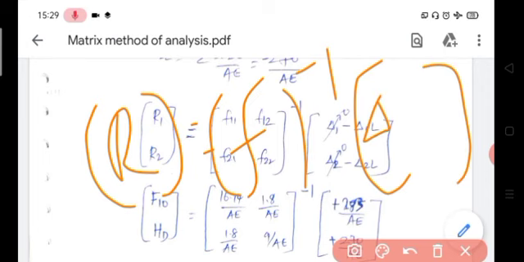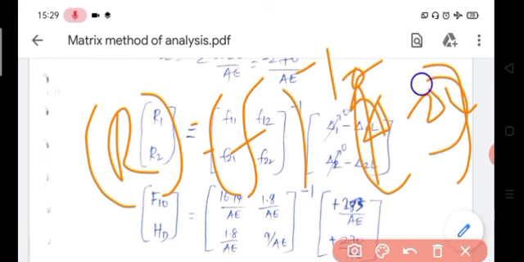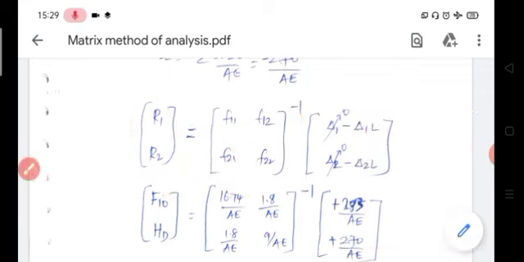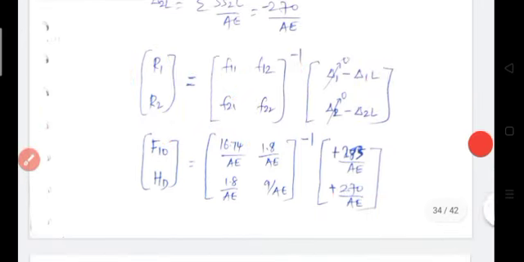Then the final equation for the redundants is equal to flexibility matrix inverse into deflection, that is delta minus delta L. Delta is the total displacement at the joint, delta L is the displacement induced in the coordinates due to external loads only. Substitute values. So first redundant R1 is F10 member force, R2 is equal to HD.